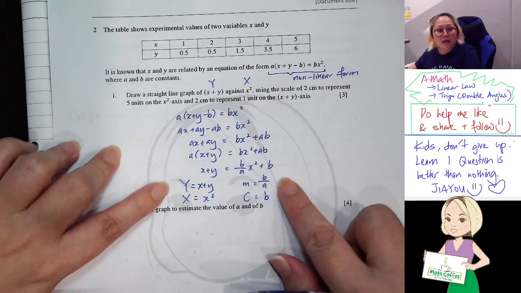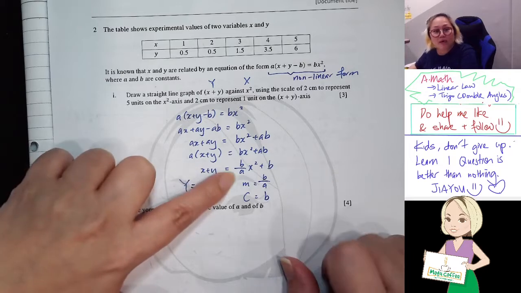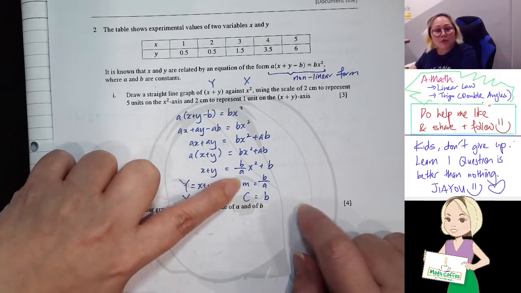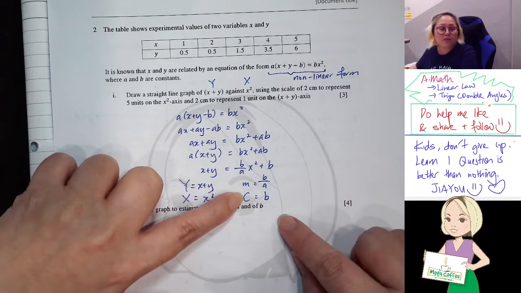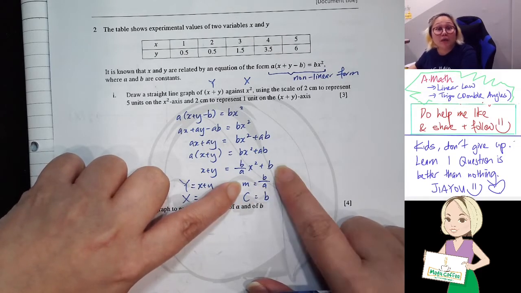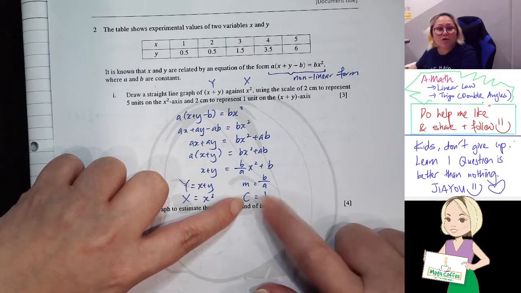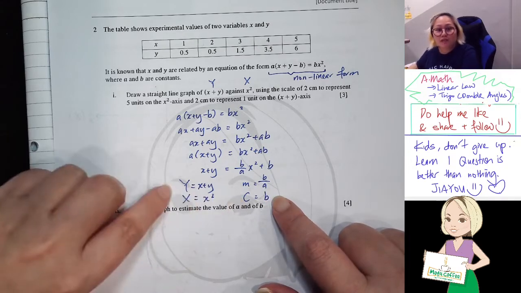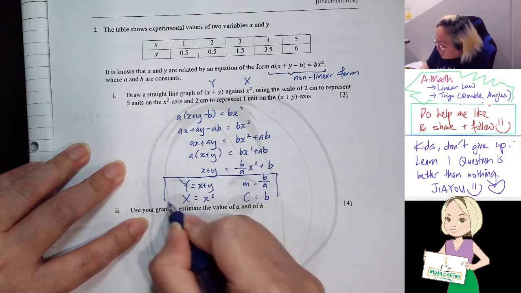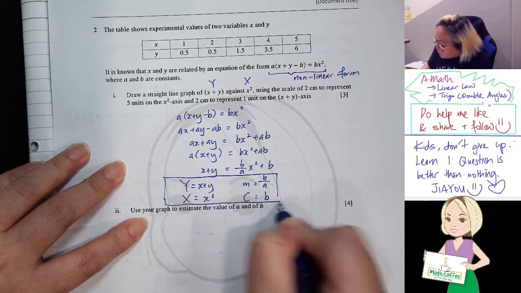And then you have to state what your gradient is and what your big C is. Not every time your gradient is just a and your big C is just b. You can see that for this case, my gradient is b over a, and my big C over here is b. You understand? This is very important. This is the first thing you need to do before you plot the graph.